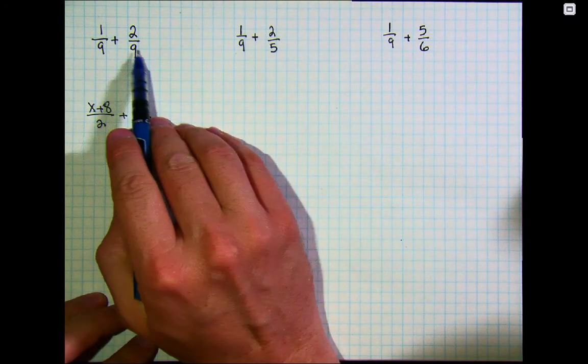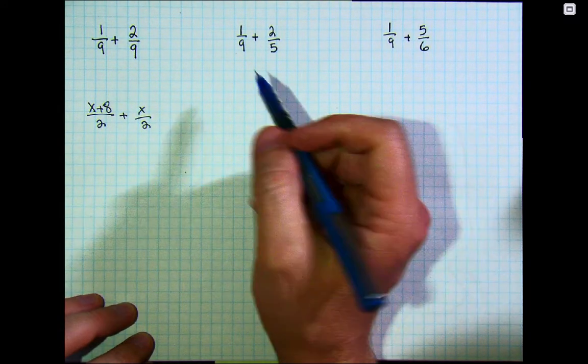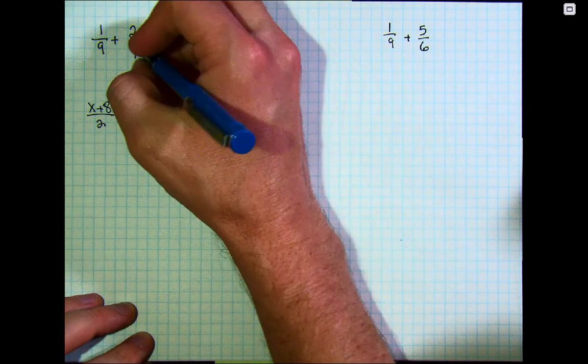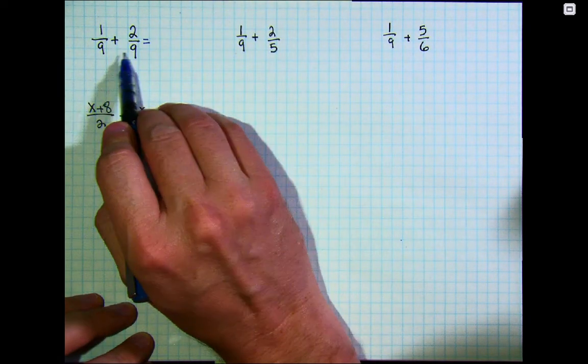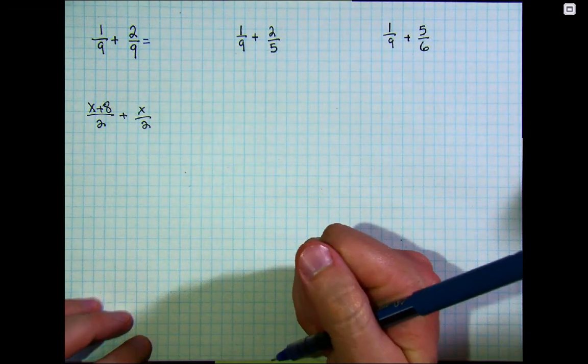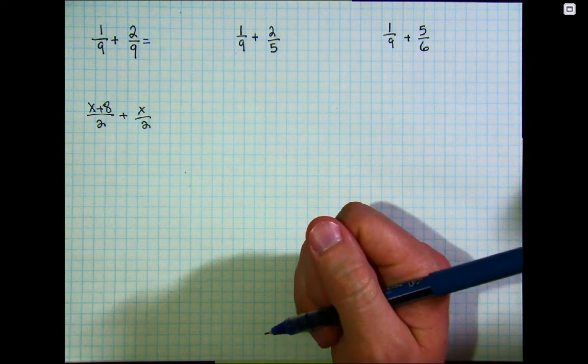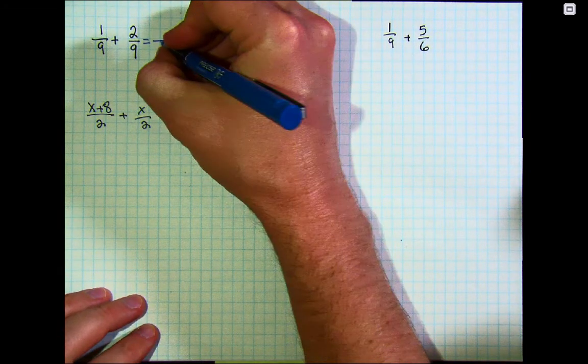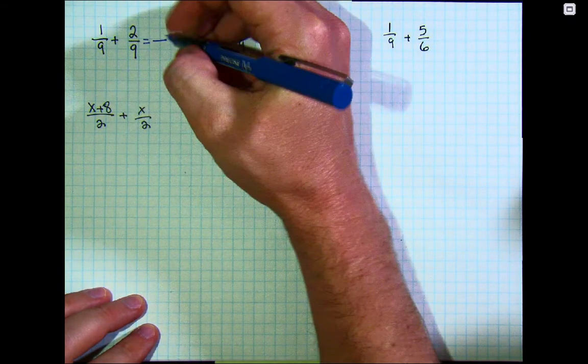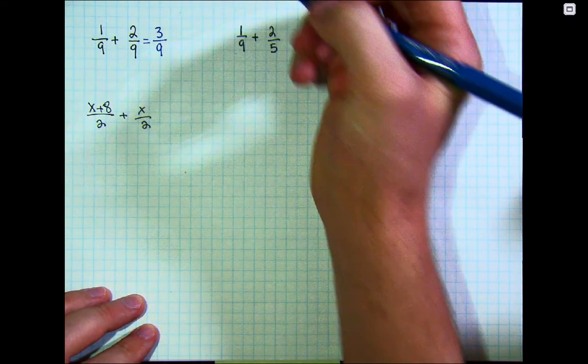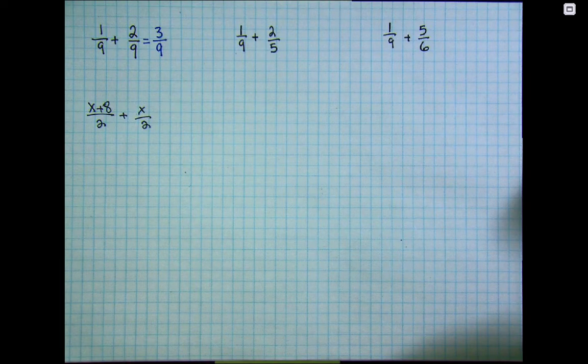You know that when you're adding fractions together, when you're adding rational expressions together, and they already have a common denominator, it makes your life much easier, because if you have a certain amount of ninths plus another amount of ninths, you just have more ninths. You didn't have to find or create a common denominator.